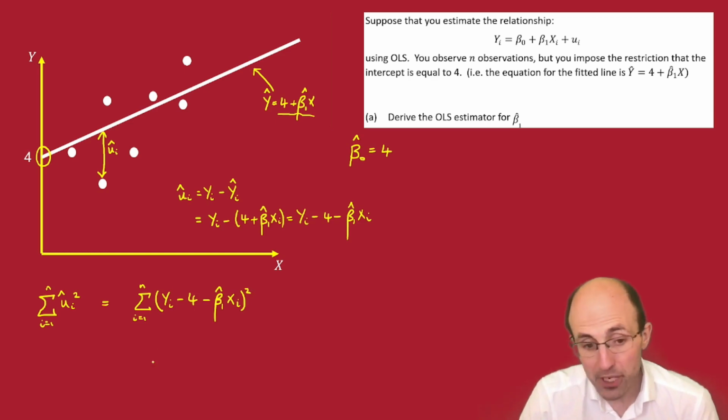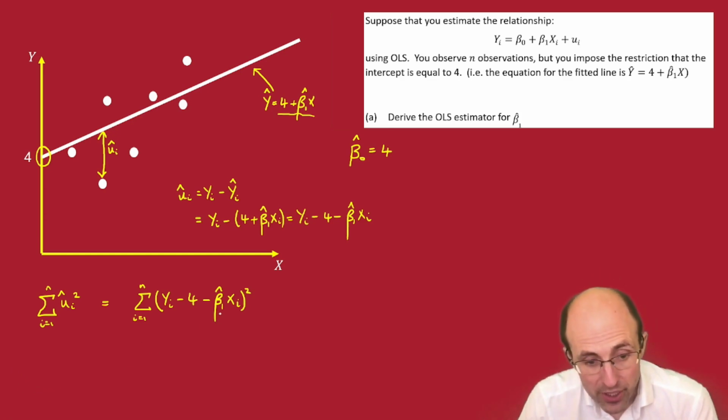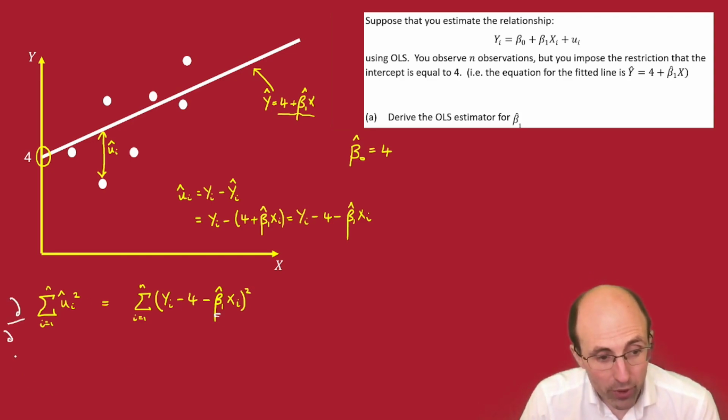Now, in order to minimize the sum of squares of the residuals, we're going to need to differentiate with relation to the thing that we're choosing. And the only thing that we're choosing here is beta 1 hat. So we're differentiating with relation to beta 1 hat.